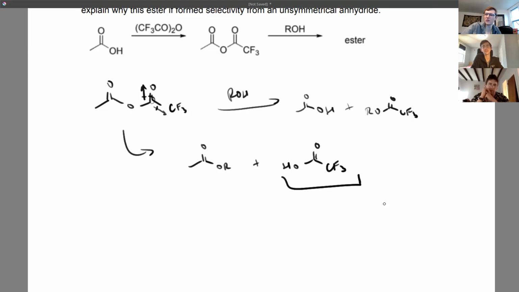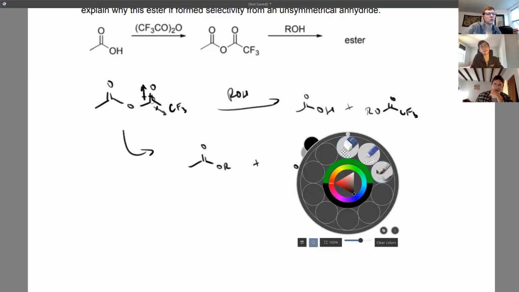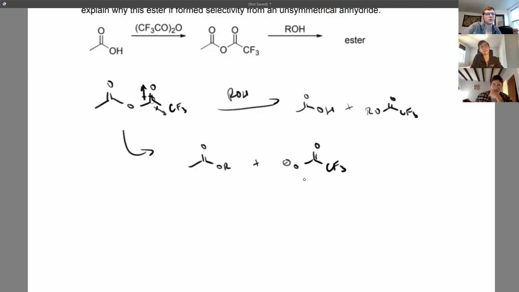But why would you want a stronger acid? No, it actually doesn't say stronger acid. I misread. Is that because this is a better leaving group? Oh, because of resonance or electron donation from the F's. That's what I meant.